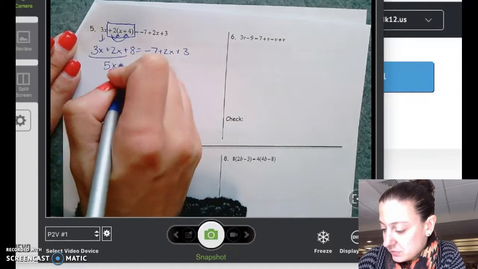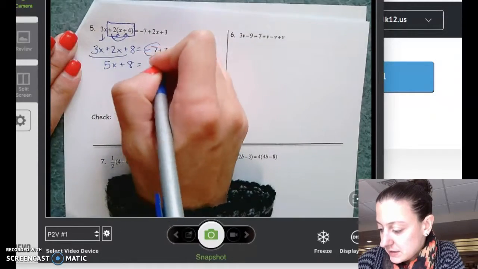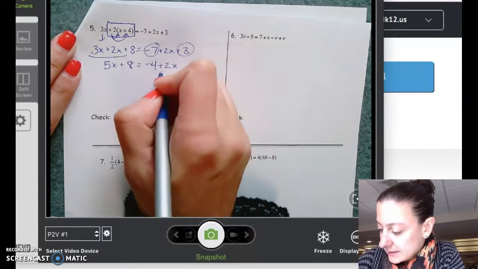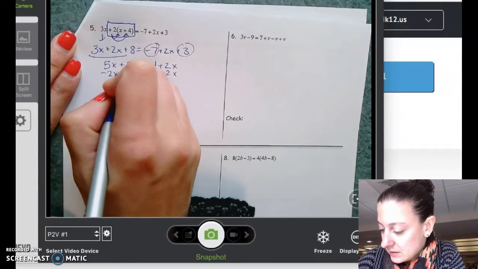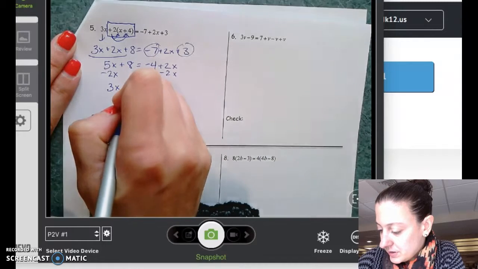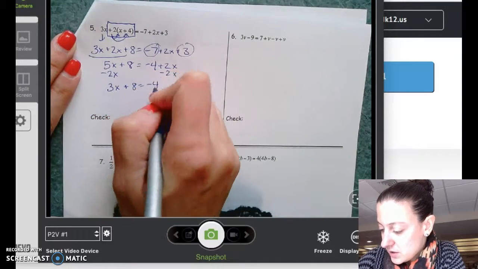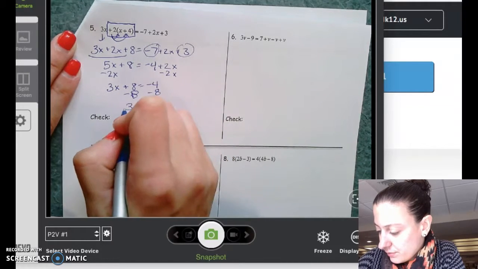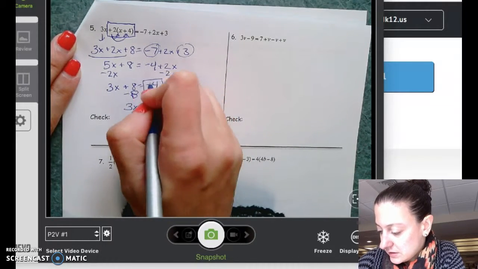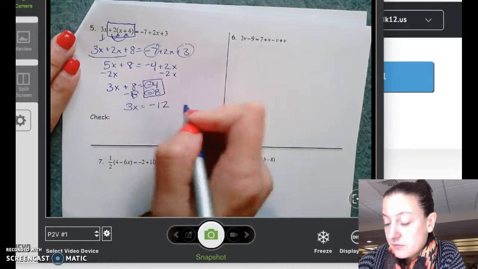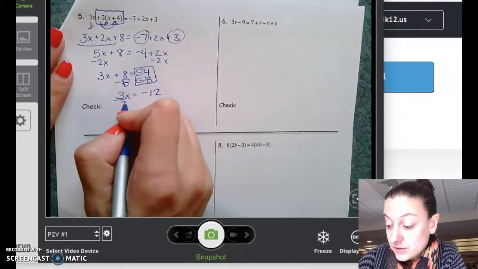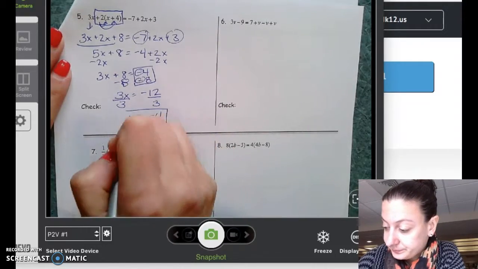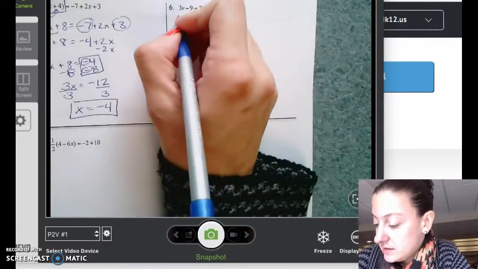This is 5x plus 8 equals negative 7, and positive 3 is negative 4 plus 2x. 3x plus 8 equals negative 4. Subtract 8. Oops, subtract 8. 3x equals, these are both negatives, negative 12. If you're finding that that's a pattern, do some of these things that I'm doing here. It helps. Okay, this side is all set.